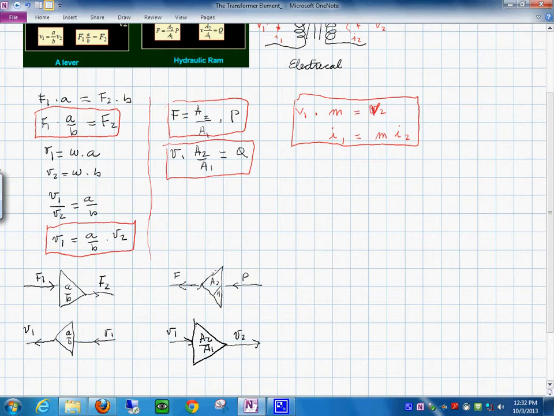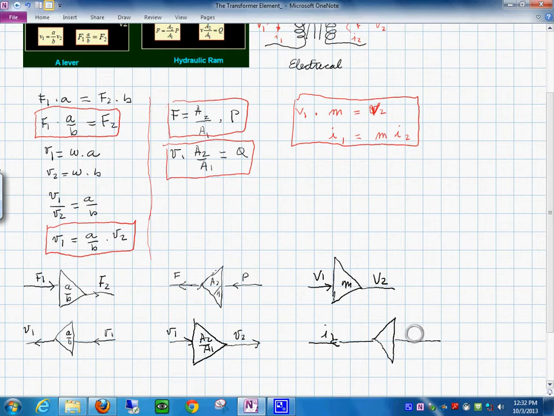In this one, these equations are telling us the following, that if you have the voltage here V1 and it gets multiplied by this M, you're going to have B sub 2, and also that on this side you have I1 is equal to the ratio in here like this.